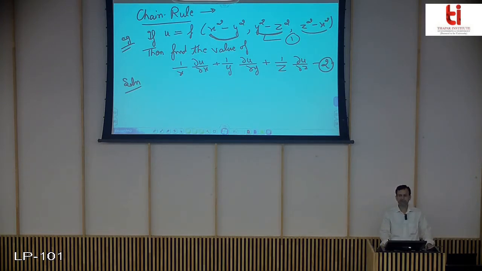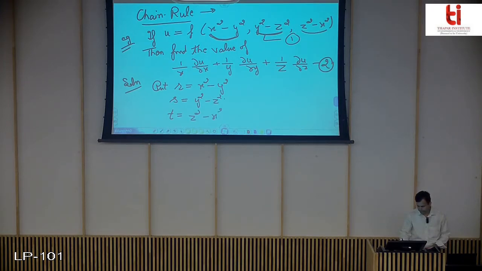In such a question, what is the strategy? We usually put some variable r equal to x² − y², take s equal to y² − z², and t equal to z² − x². Whatever the question of this form, you will always take these terms equal to some variable.